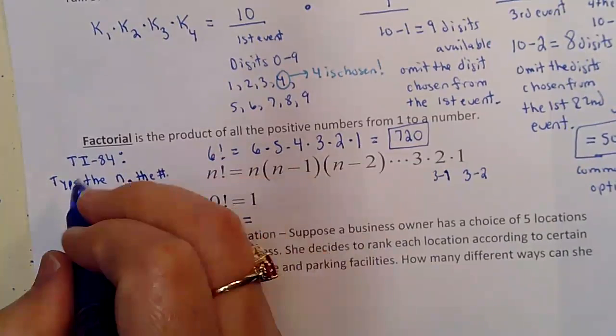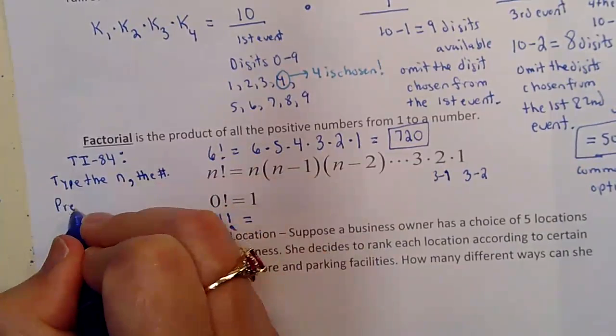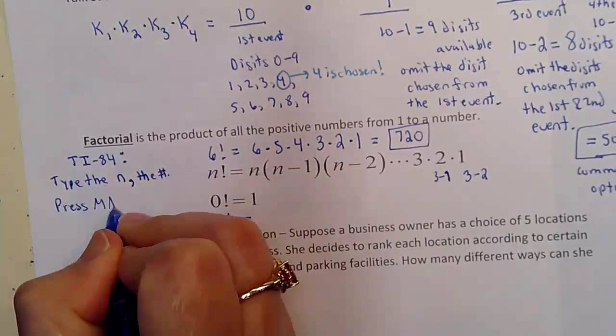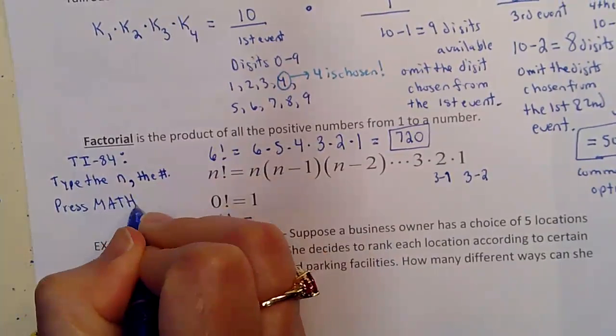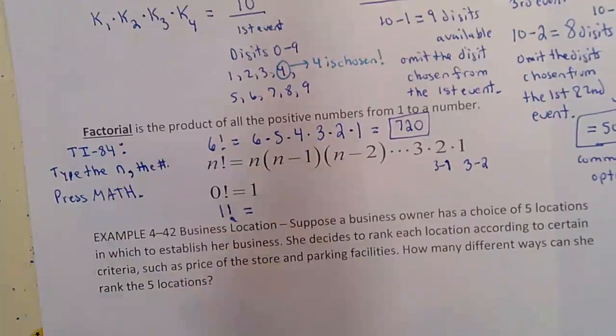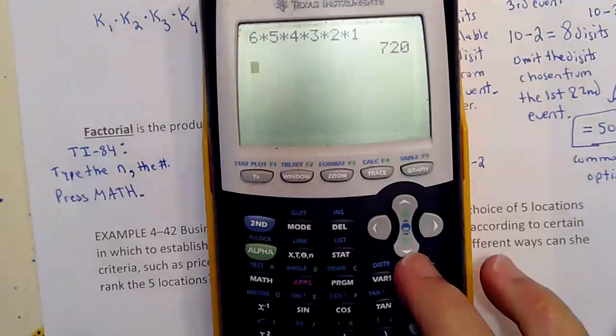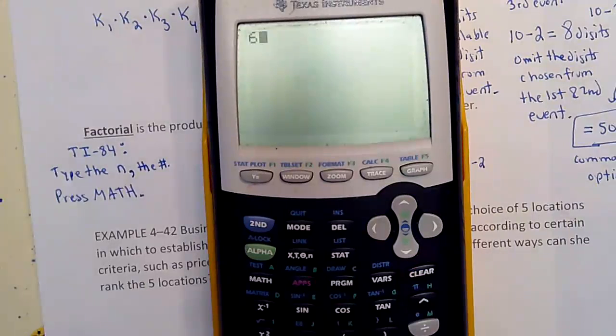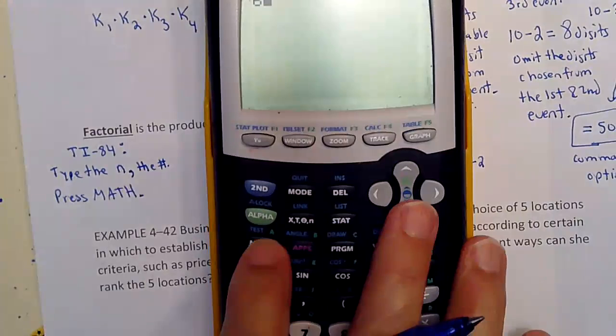And then you're going to press math. For example, I'm going to type 6, and I'm going to press math right here.